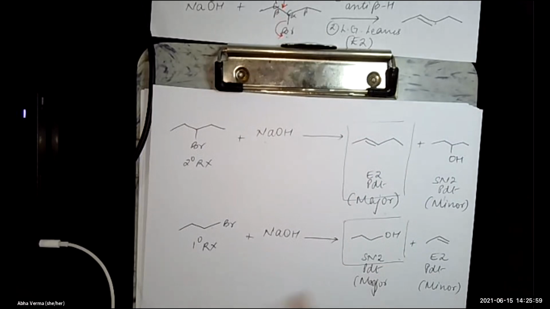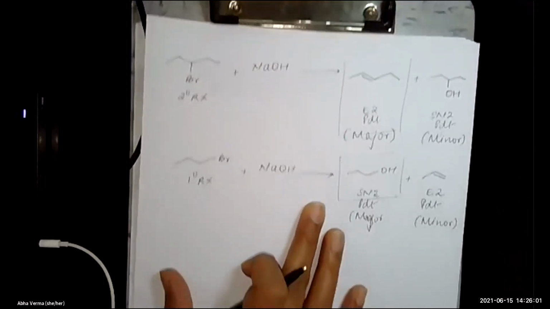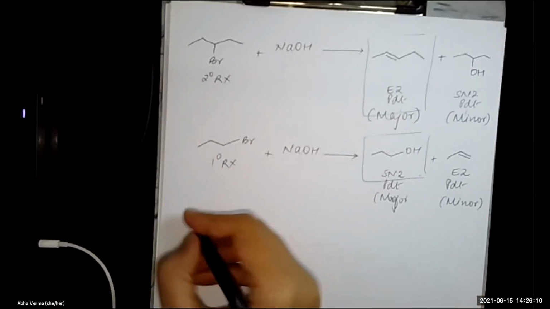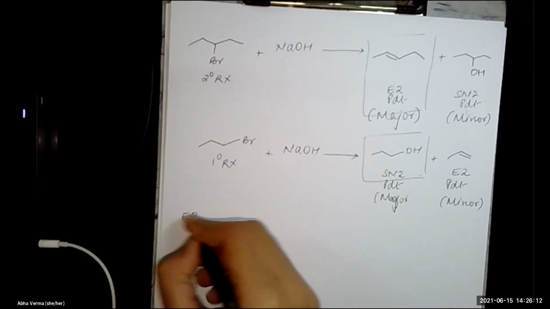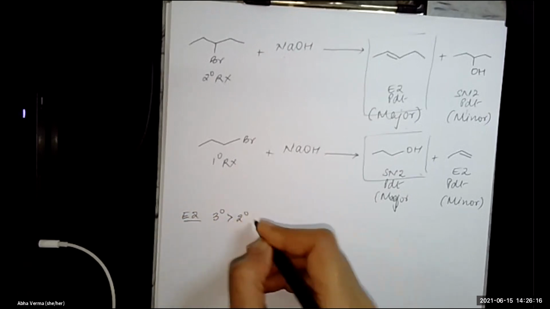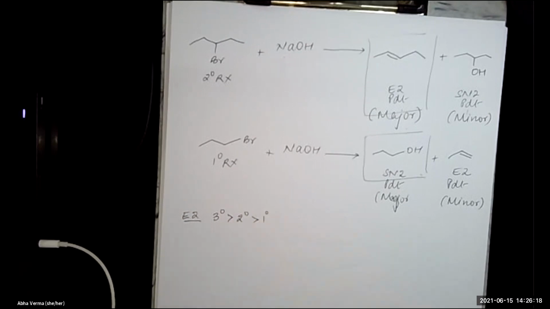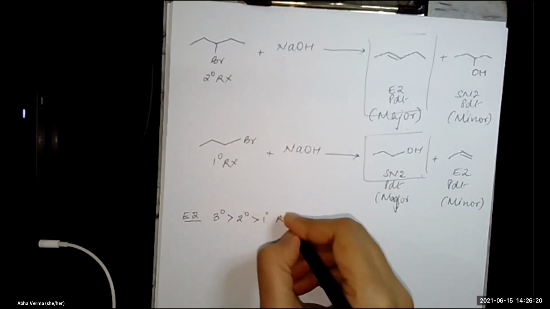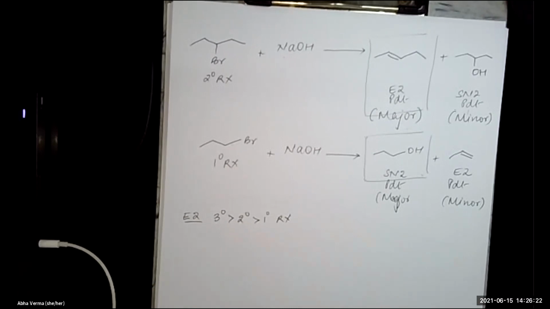Okay. Now, another thing that you all need to understand and know from this very part, whenever your E2 mechanisms will occur, and E2 can occur with anyone. It can occur with tertiary, it can occur with secondary, it can occur with primary substrates also, not with methyl.